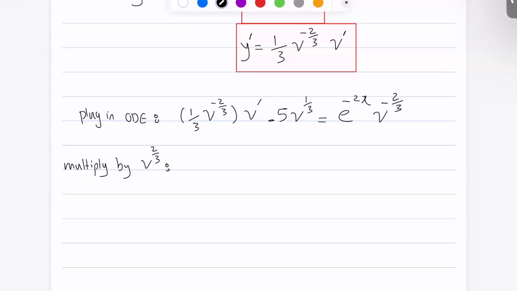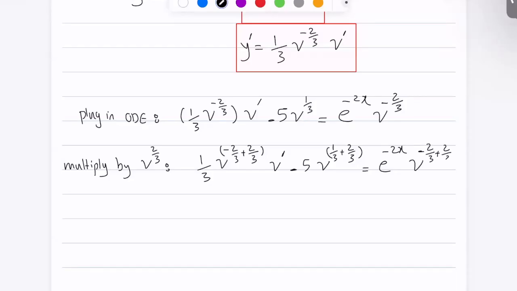And what we get is 1/3 v to the negative 2/3 plus 2/3, so that's just going to be 1, times v prime, minus 5 v to the 1/3 plus 2/3, equals e to the negative 2x times v to the negative 2/3 plus 2/3.